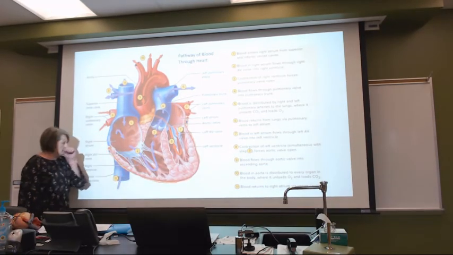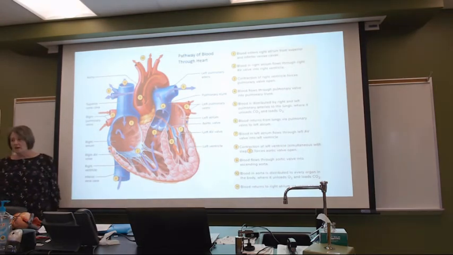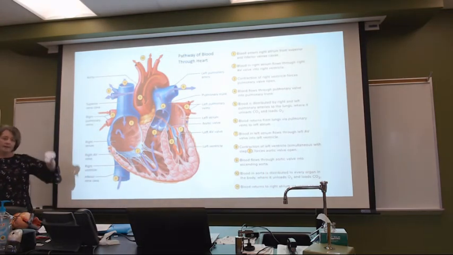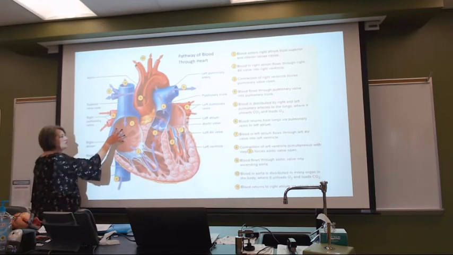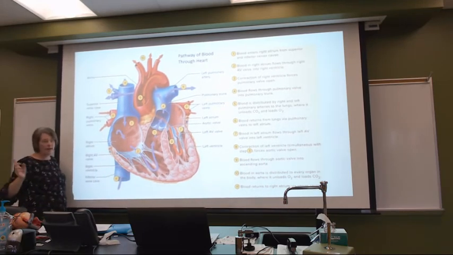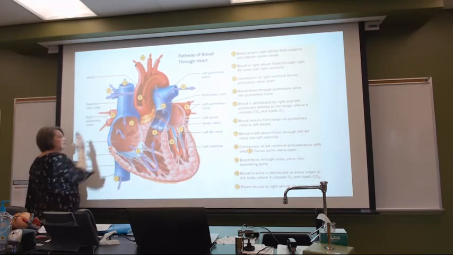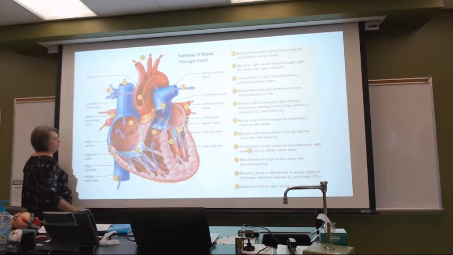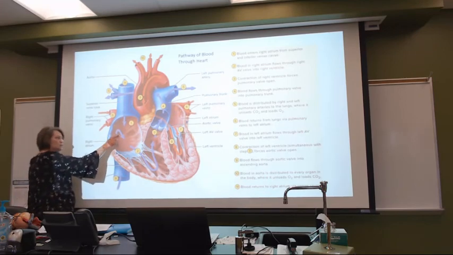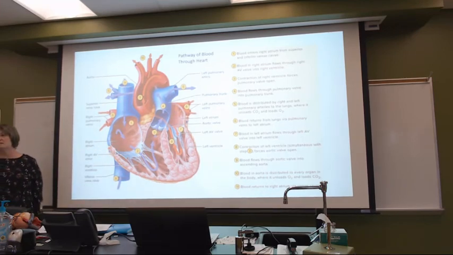Like I said, blood returns to the heart by way of superior vena cava, inferior vena cava, and ooh, what's that little arrow? We're going to get to that. But that is coming from my coronary circulation, the circulation of the blood to the heart muscle itself.